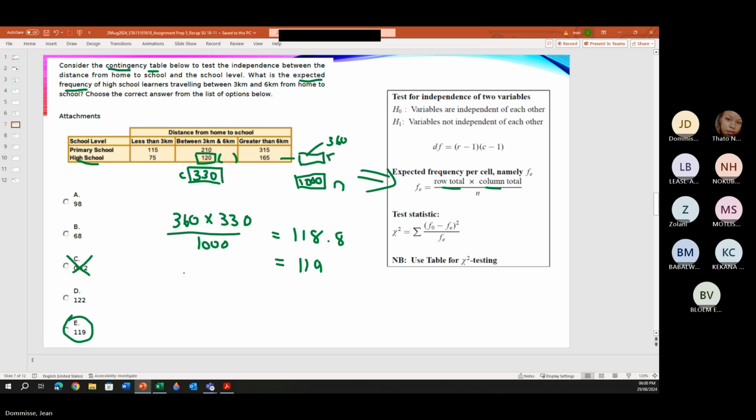So be very careful that they don't catch you off guard by suddenly asking what is the observed number and giving that as one of the options. Okay.